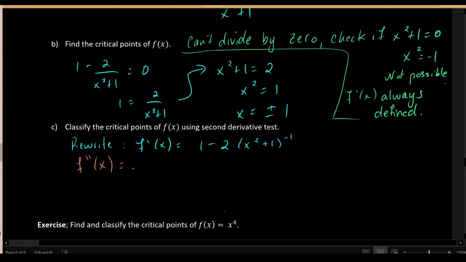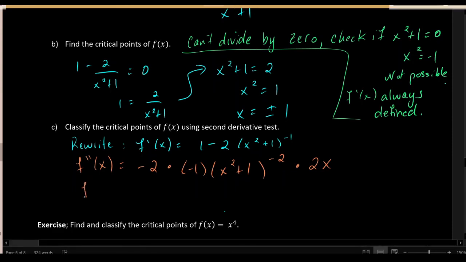So now when I calculate f double prime, the constant 1 vanishes. We have that negative 2, but now for this quantity I can use chain rule, which says take the derivative of the outer function, which is negative 1 blank to the power negative 2, fill the blank with the inner function x squared plus 1, and multiply by the derivative of x squared plus 1, which in our case would be 2x.